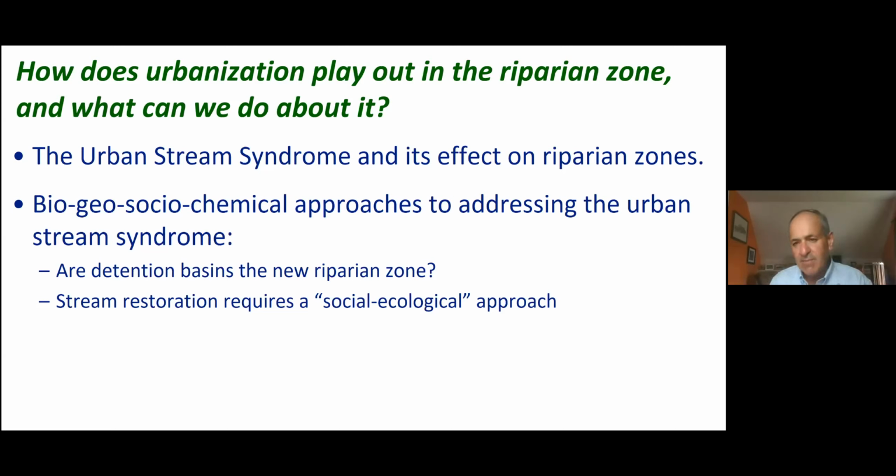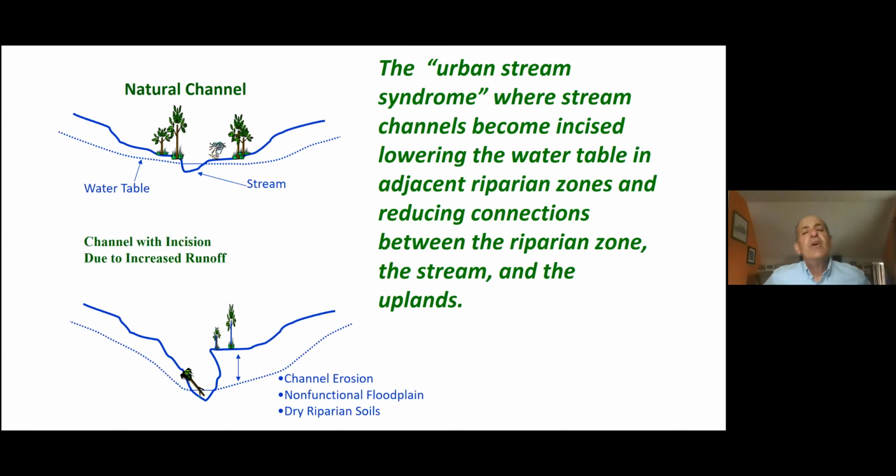A lot of my training, I call myself a biogeochemist. And in recent years, I've gone from biogeochemistry to biogeosociochemistry. And this is, I think, pretty widespread in environmental science, that we will fail to solve a lot of our environmental challenges unless we much more aggressively incorporate a human dimension. And we've got a couple of good examples of this in urbanization.